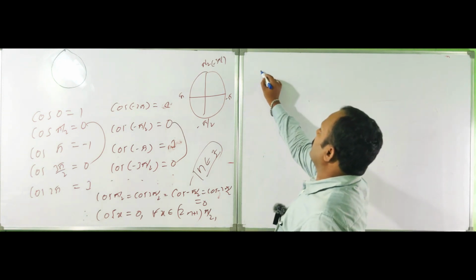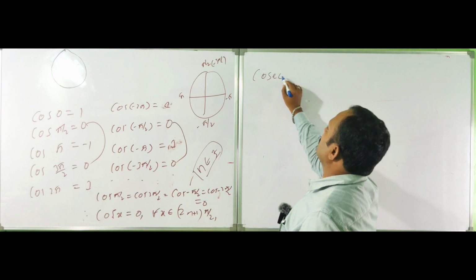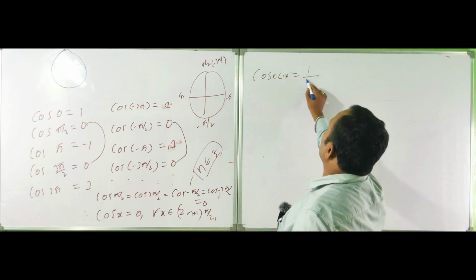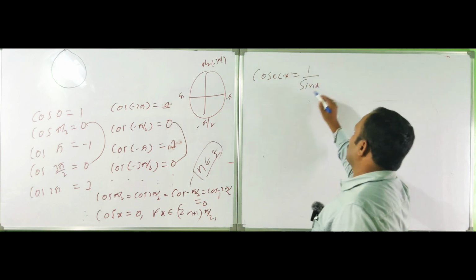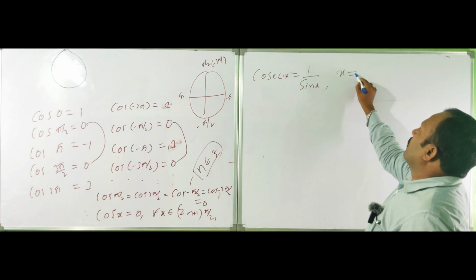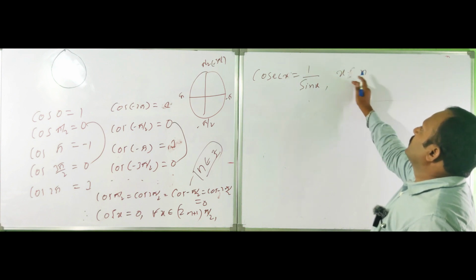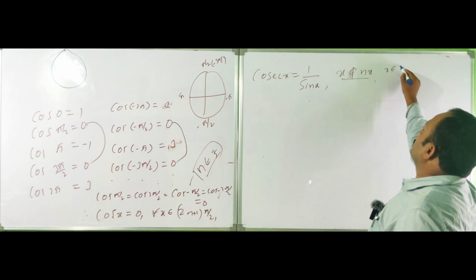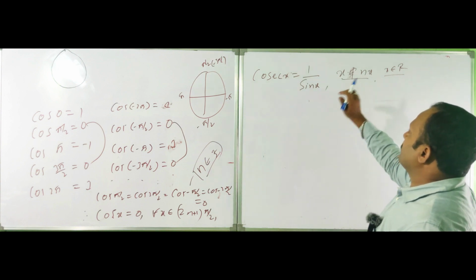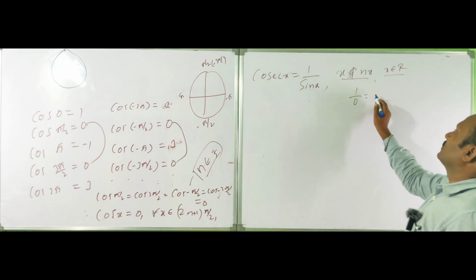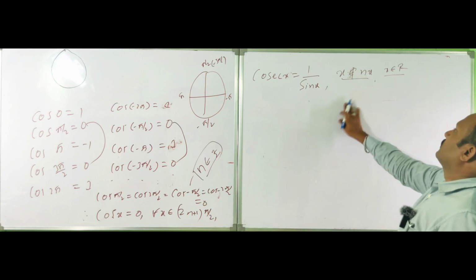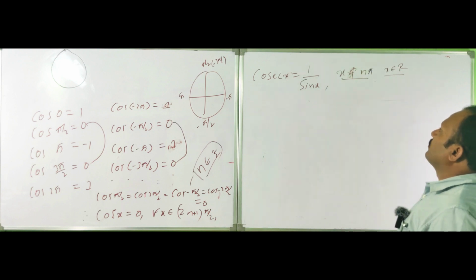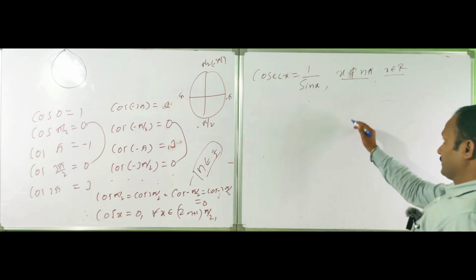Then you know cosec x is equal to 1 over sin x, for all x not belonging to n pi and x belongs to R. Why does it not belong? Because 1 by 0 is not defined.